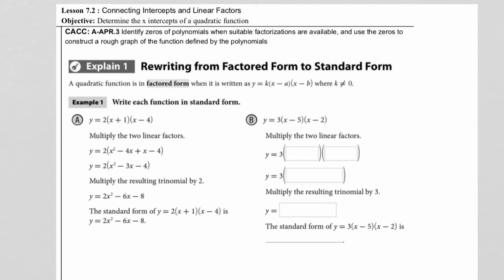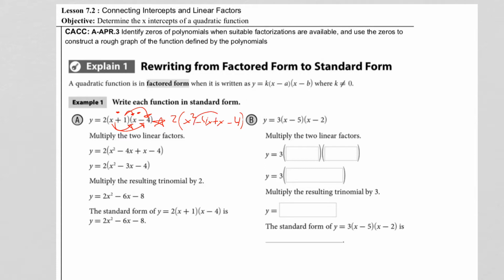And in this example here, they're basically multiplying this part and this part together. So they get x times x is x squared, x times the negative 4 is negative 4x, 1 times x is plus x, 1 times negative 4 is negative 4, and then everything is still multiplied by 2.